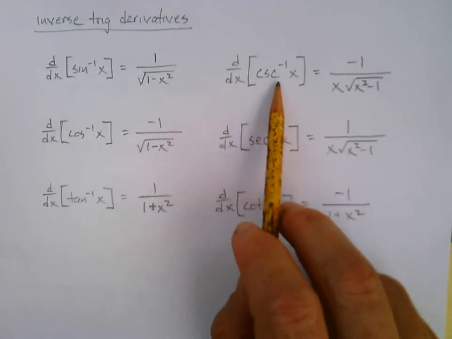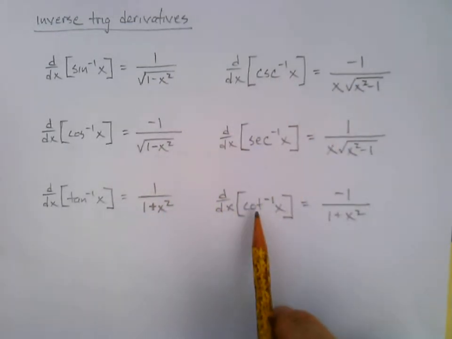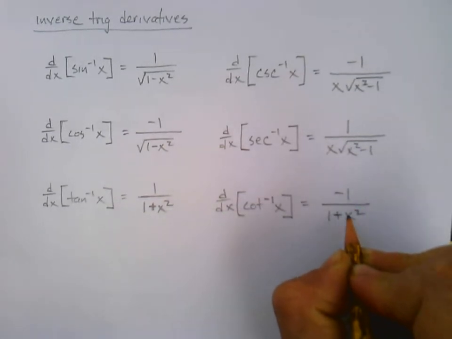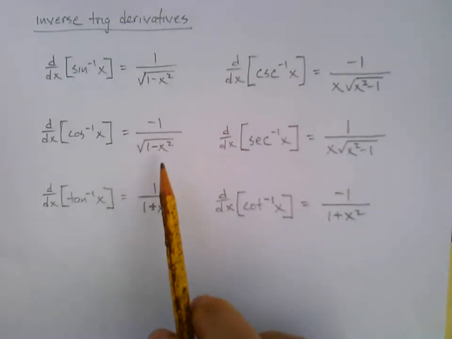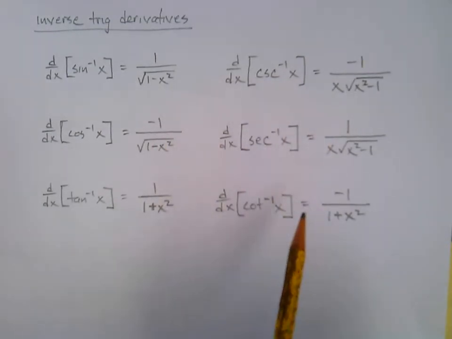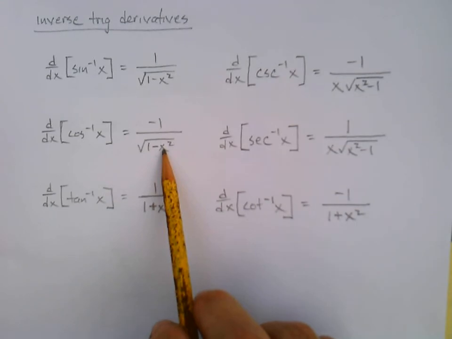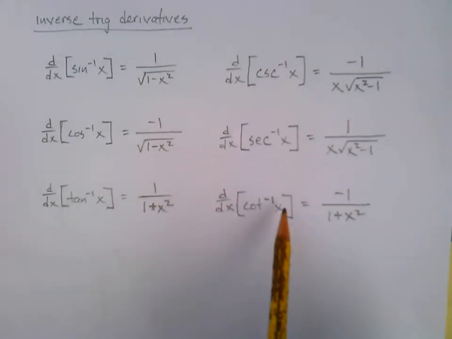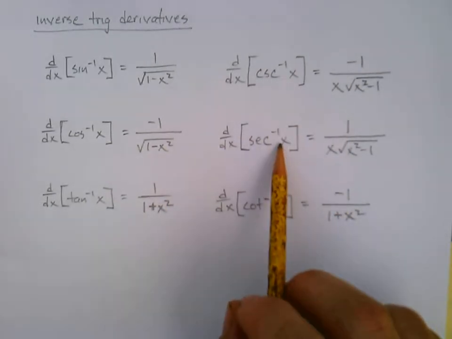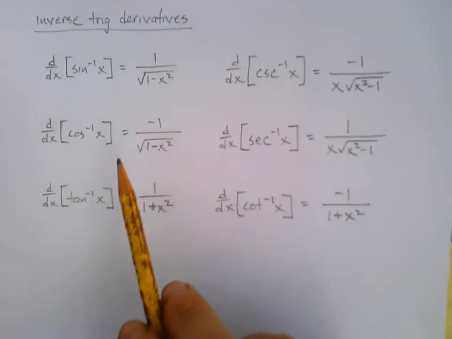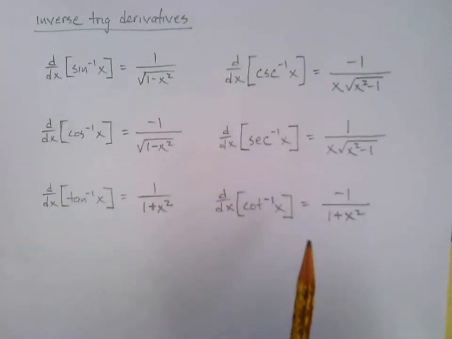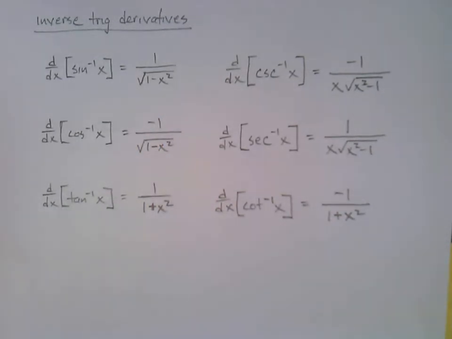Secant is positive, cosecant's negative. And cotangent is the same as tangent, but negative. That's kind of nice. So again, all of the cos are the negatives. And we even see that relationship. Sine and cosine are identical, except the negative. Tangent and cotangent, cosecant and secant. So matched up with its co, you just think of the negative, how it works.